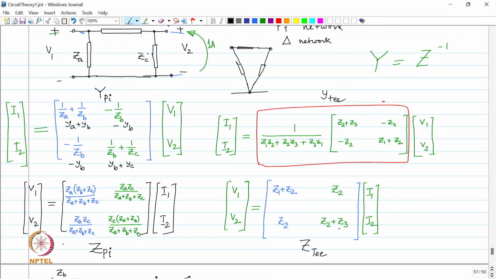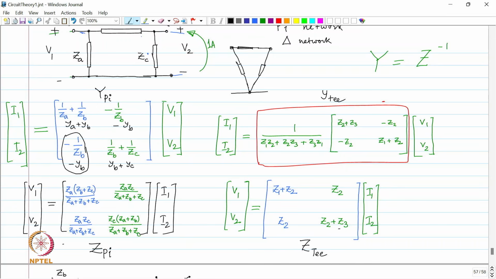So, what do you see over here? You see immediately that YB, this one by ZB, I am looking at this.